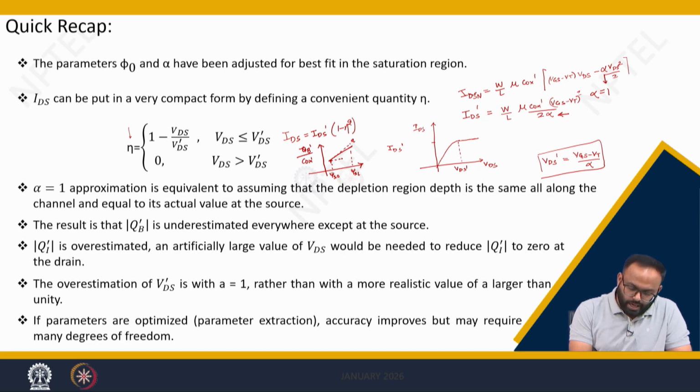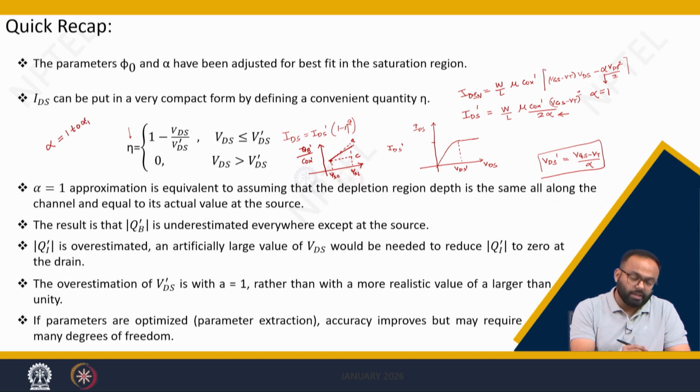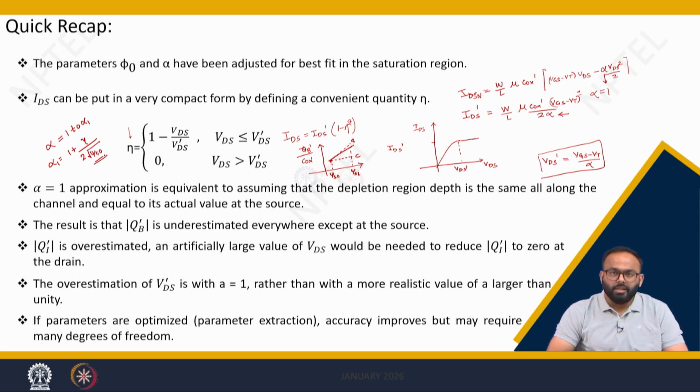The other is line C, where we considered alpha is equal to 1, and there is another line B which is actually predicting correctly. Thus, we argued that the value of alpha should lie between 1 to alpha 1, where alpha 1 is equal to 1 plus gamma divided by 2 times root of psi S0, considering source as a reference.